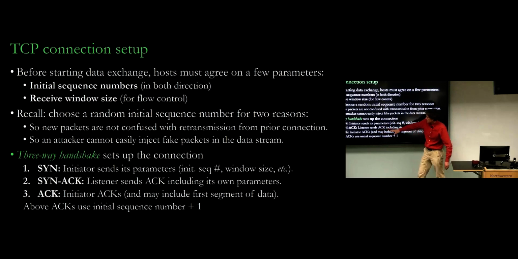The SYN ACK that comes back has an acknowledgement that's this initial sequence number plus 1, and then the acknowledgement in the third packet is the sequence number that the second host chose for itself randomly, plus 1. Even though 1 byte of data wasn't really sent, that 1 byte represents the handshake information.